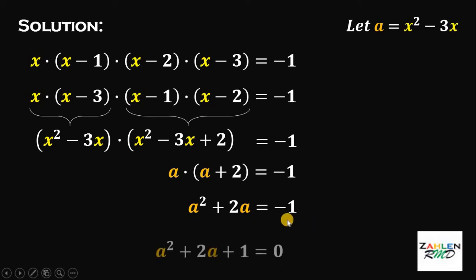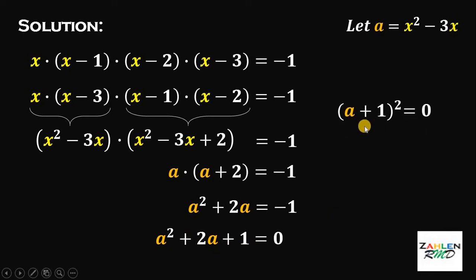Add 1 to both sides and that will give us a squared plus 2a plus 1. Now factor, and we have (a plus 1) raised to 2 equals 0. Getting the square root of both sides will give us a plus 1 equals 0. Subtract 1 from both sides and we have a equals negative 1. Now we have the value of a. We have a equals negative 1.